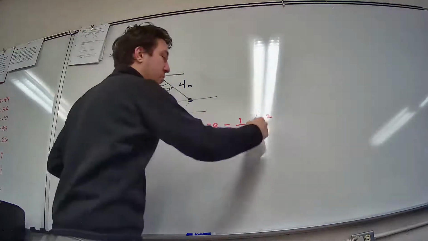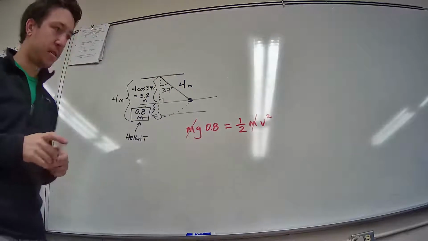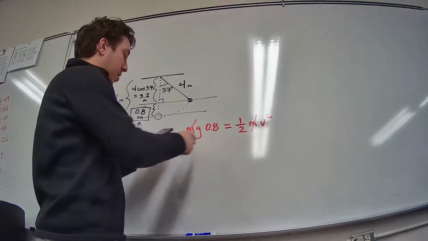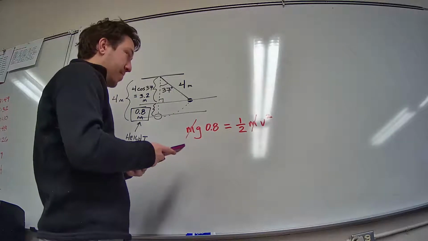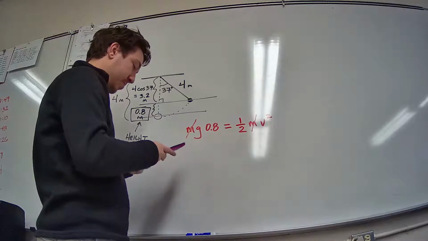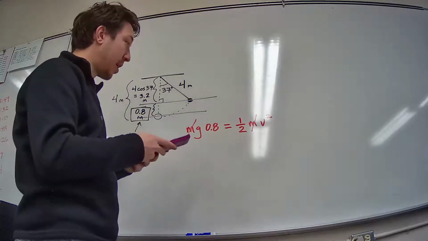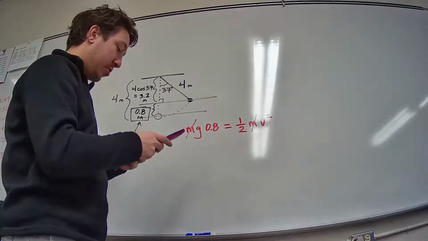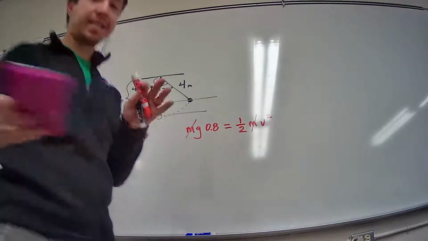So the m's divide out, or you can keep them in there, it doesn't really matter. And then we can just take our trusty calculator and go g times 0.8, and then times 2, and you should get about 3.97.